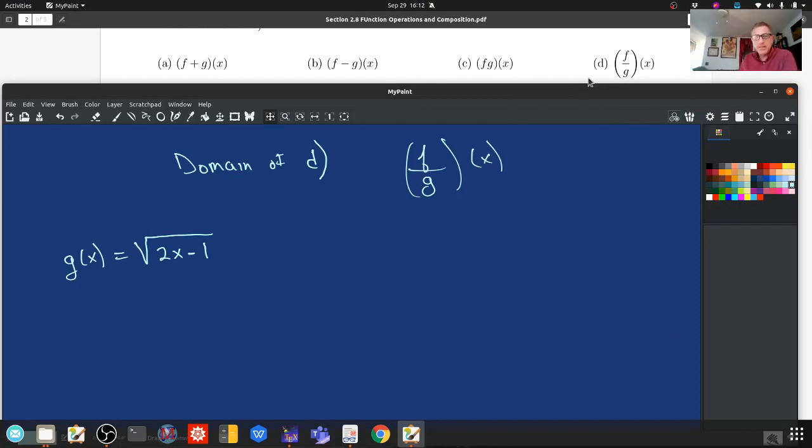So the domain of D is going to basically be the same domain that we figured, except we have to exclude any value of x in that existing domain, which recall was 1/2 included to infinity. We have to exclude anything in this set right here that makes g of x equal to 0. So how do we know when g of x is equal to 0? Well, we set g of x equal to 0 and solve for x.